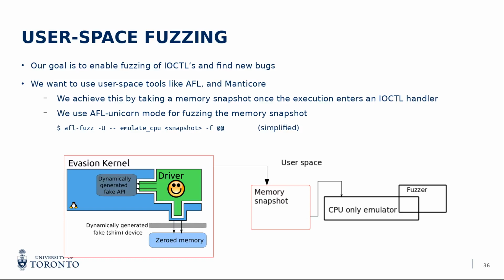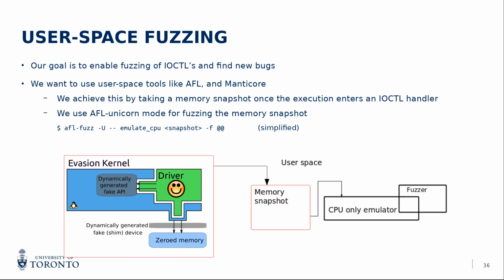While at this point the evasion is useful to analyze existing bugs, the other important question is whether we can find new bugs. In order to figure it out, we developed a new framework for fuzzing IOCTLs. In our fuzzing framework, we wanted to make use of user space tools as there are a large variety of them, and they are much easier to use and set up than dedicated kernel space tools.